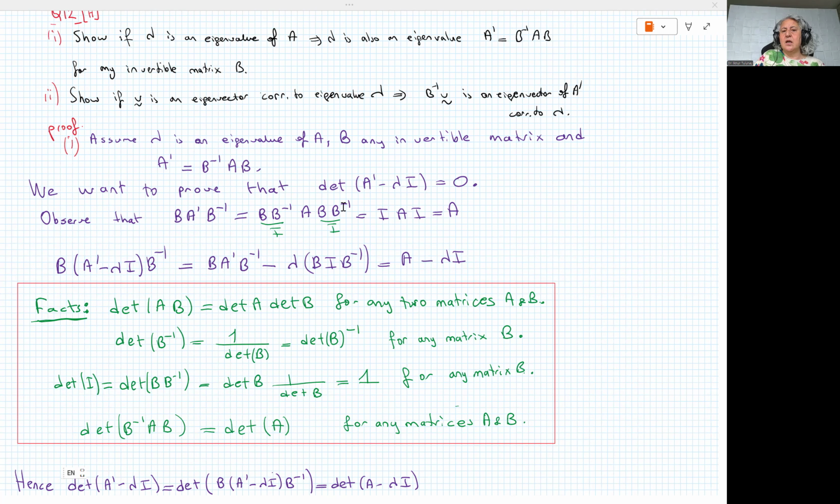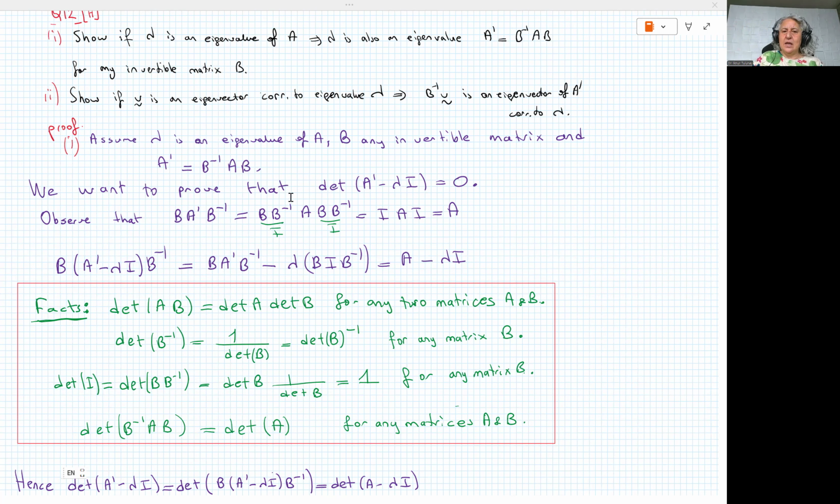Why are we so careful about it? Because we don't have commutativity. Matrices are not commutative in general, so multiplying from the left and right is important. Keep an eye on the order of multiplication.